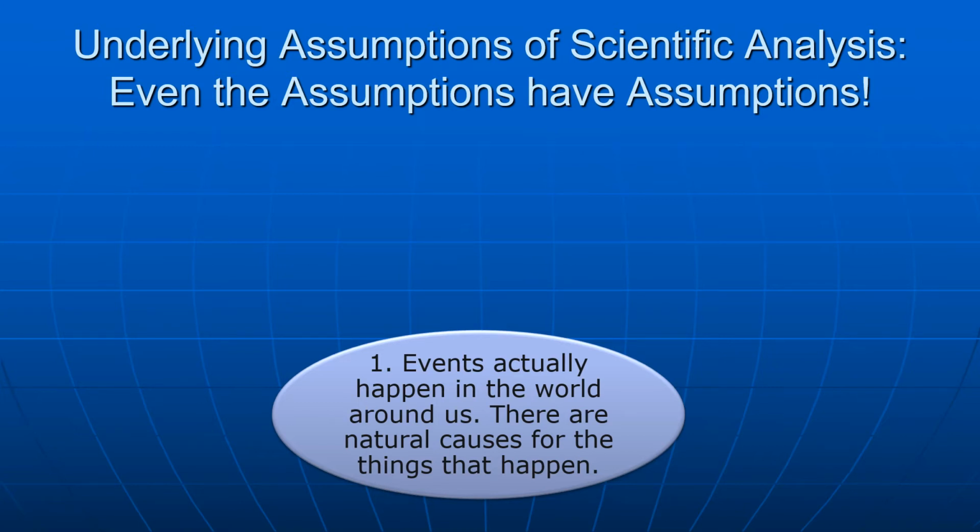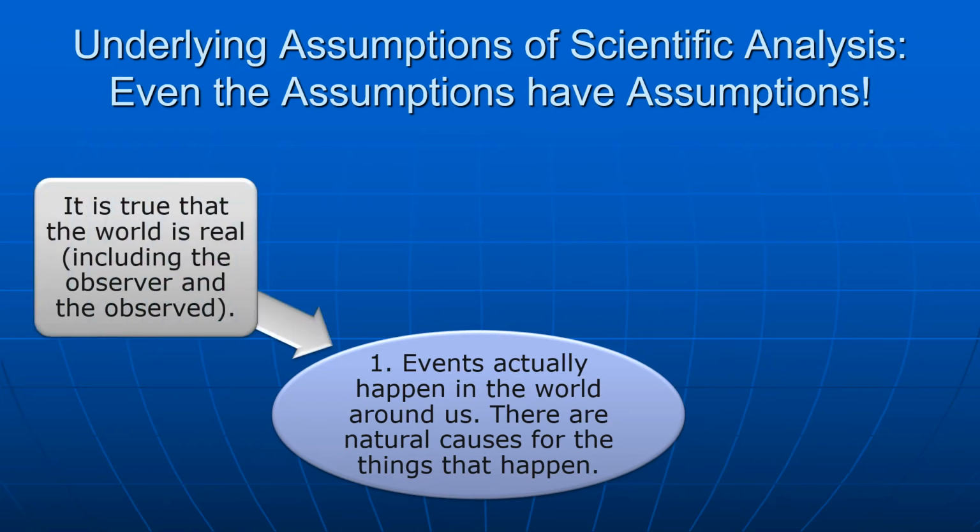The causes have effects. Well, the first underlying assumption is that it's a true statement that the world is real, that the things that I'm interested in are real, and I am real. I gather information, I can see that it happened. There's an actual thing that happens, right? So in order for me to say that events actually happen in the world around us, I first have to believe that the world is real.